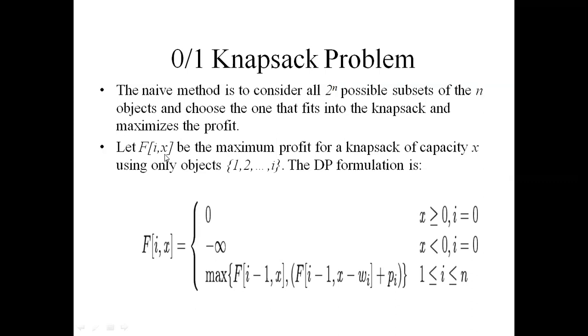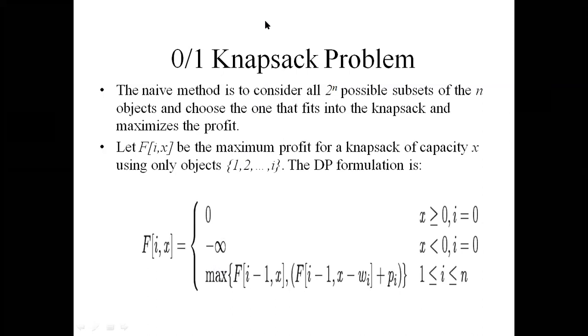Let f of i comma x be the maximum profit for a knapsack of capacity x using only objects 1 to i, the dynamic programming formulation. So this was for the naive method, and now we present dynamic programming. So f of i comma x is equal to 0 if x is greater than or equal to 0 and i equal to 0, otherwise minus infinity.